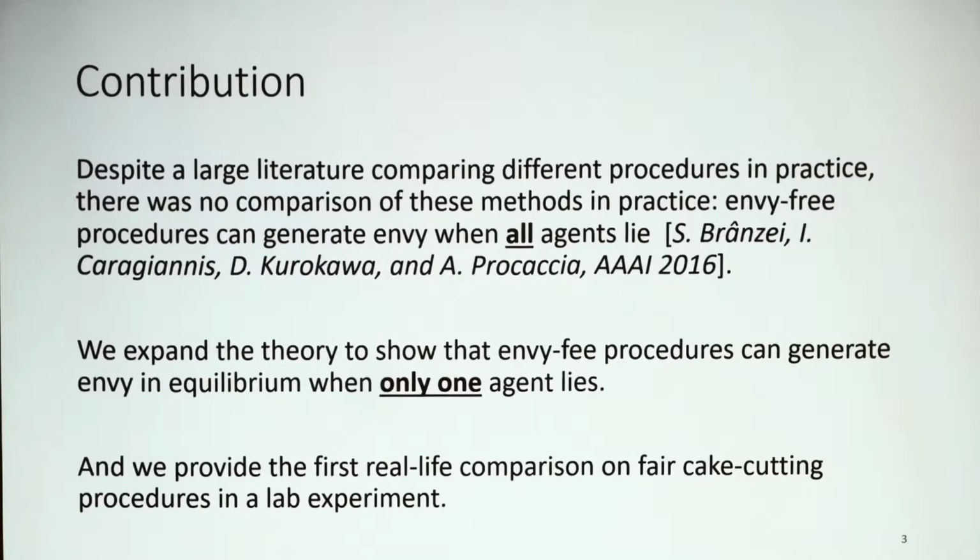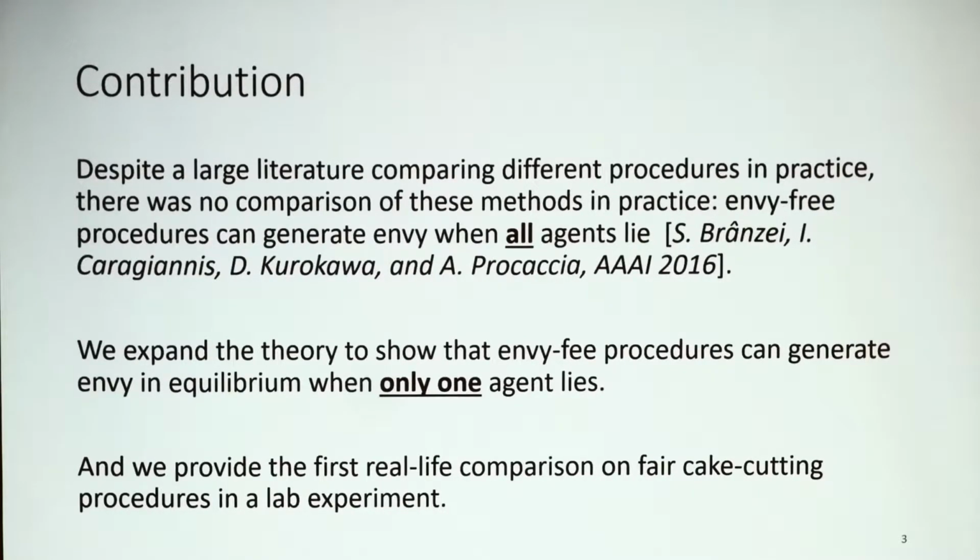The literature so far has constructed very clever procedures to achieve envy-freeness when dividing a cake between 2, 3, 4, or more people. But one problem of these procedures is that they are only guaranteed to achieve envy-freeness when the players behave truthfully, when they report their preferences over the cake truthfully.